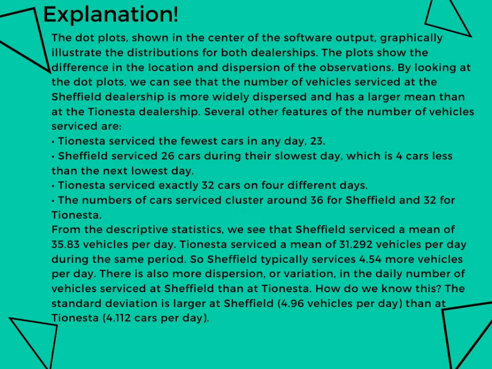Several other figures of the number of vehicles serviced are: Tionsta serviced the fewest cars on any day, 23. Sheffield serviced 26 cars during their slowest day, which is 4 cars less than the next slowest day.